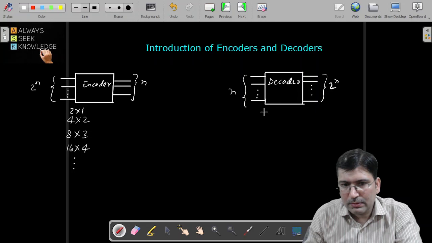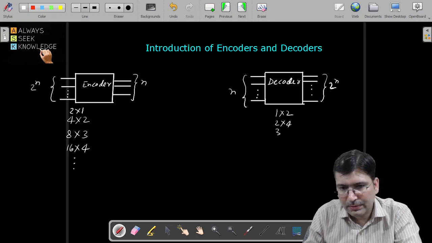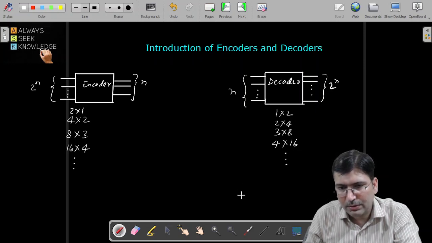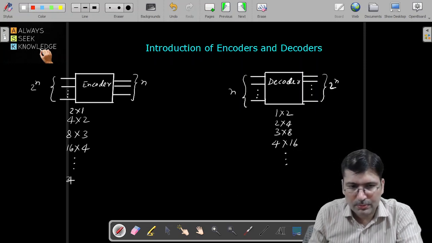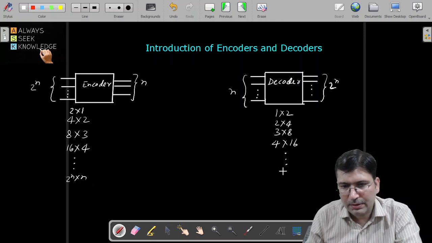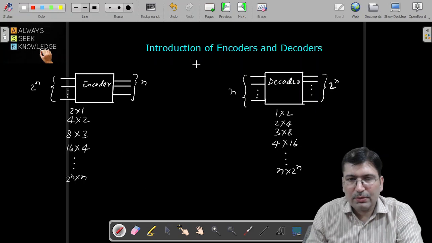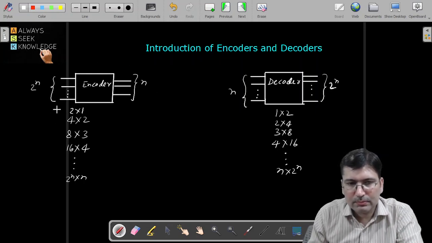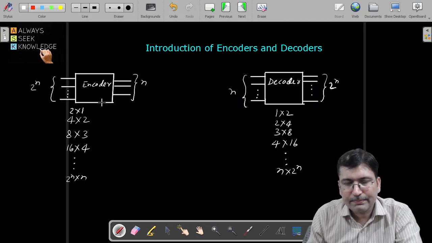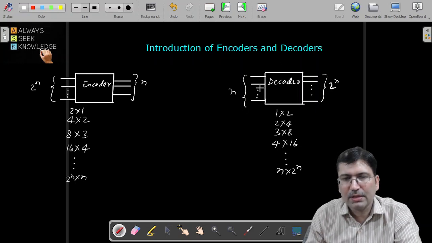In terms of decoders, there is 1 cross 2, 2 cross 4, 3 cross 8, 4 cross 16, and so on. So if I write 2 to the power n cross n for the encoder, here we will write n cross 2 to the power n. Generally, we use the encoder at the transmitter and the decoder at the receiver end.